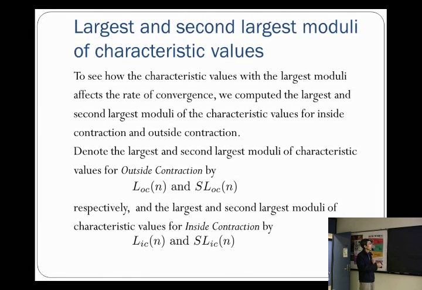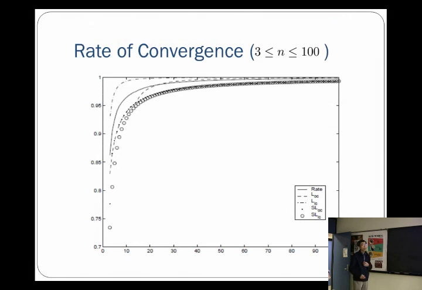For outside contraction, we denote them by LOC_n and SLOC_n, the largest modulus and the second largest modulus. Similarly for inside contraction, largest and second largest. And then we computed their values for different dimensions n from 3 to 100, together with the rate of convergence. So we have this plot, the rate of convergence plot.